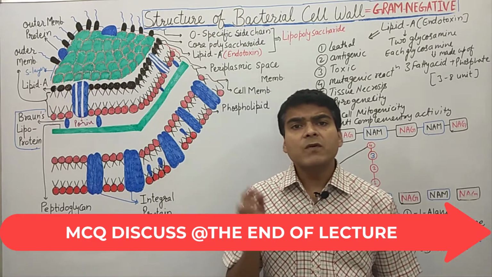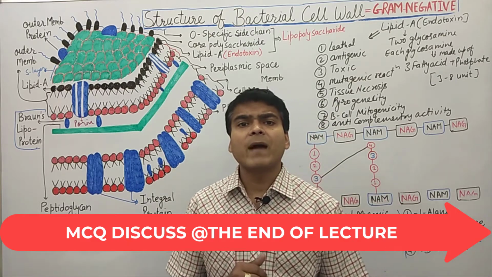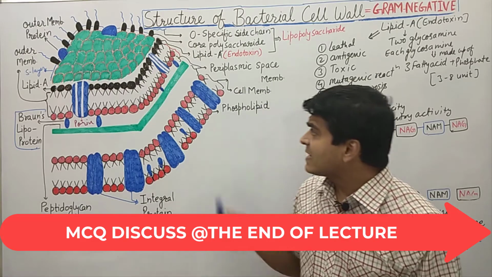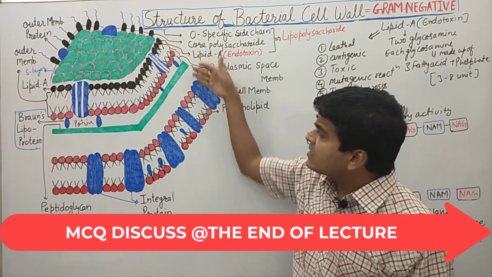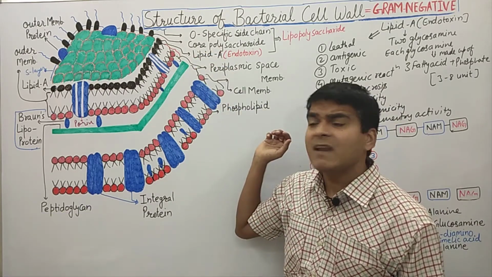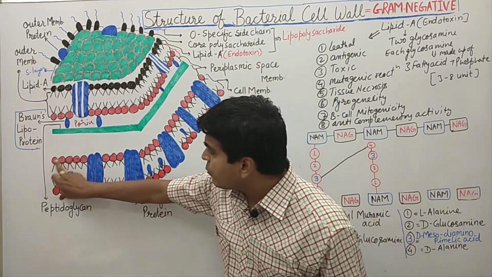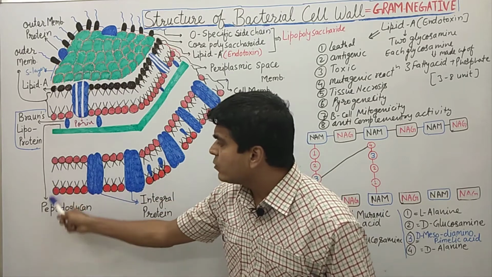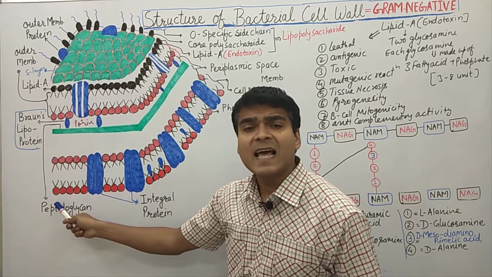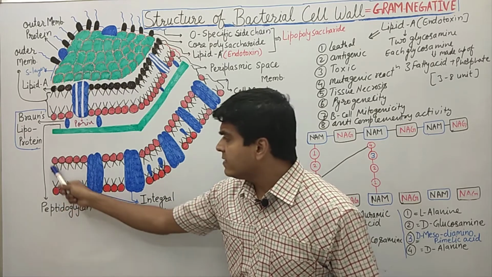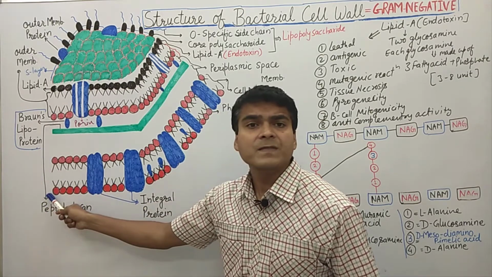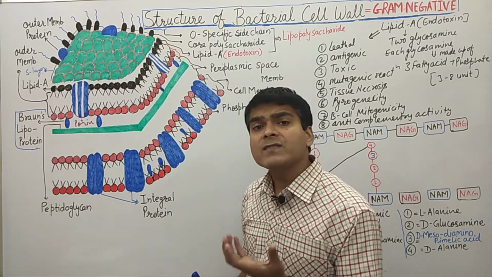Okay, so just look at the structure of the gram negative bacteria cell wall. If you look at this structure, this portion is basically related with the cell membrane. Okay, so this portion is not a part of the cell wall. Then what is the part of the cell wall?